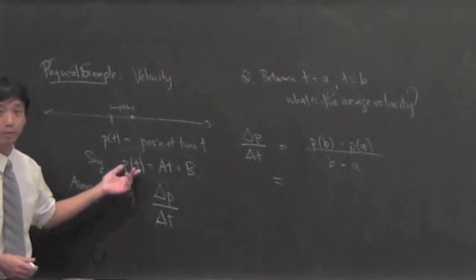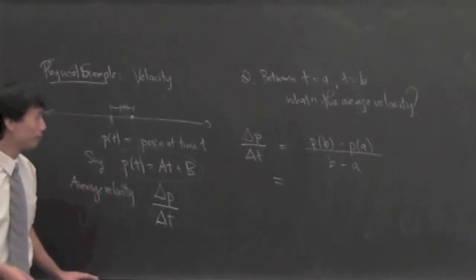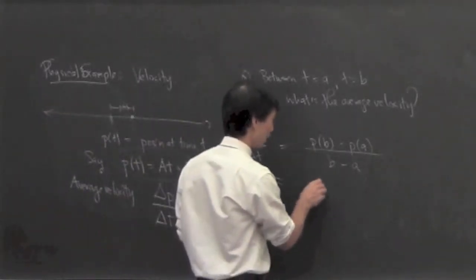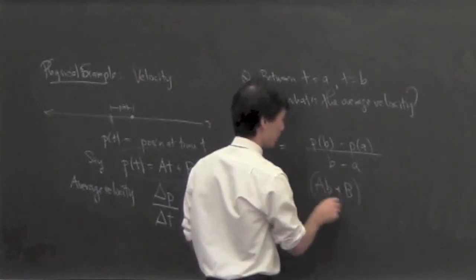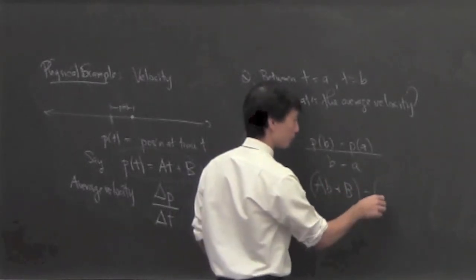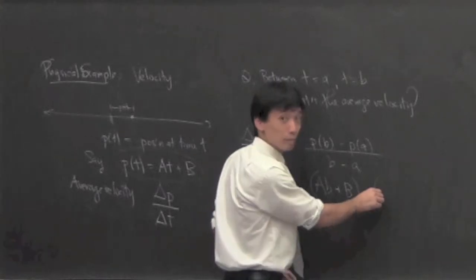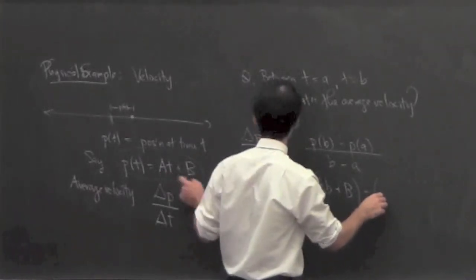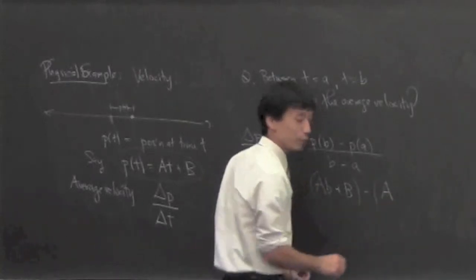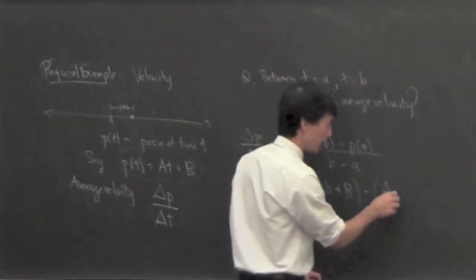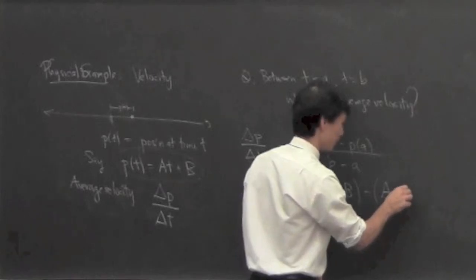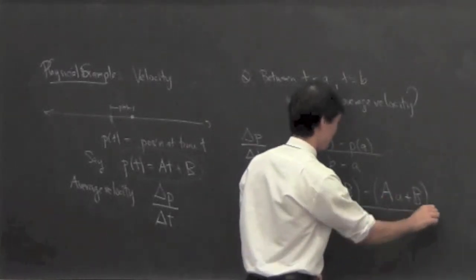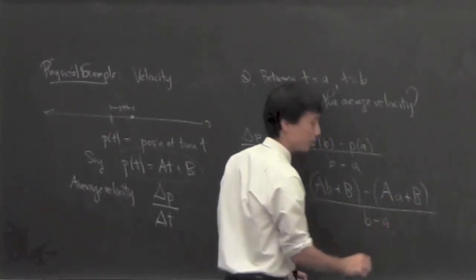So p of b, just plug it in: capital A times b plus B. And p of a is capital A times little a plus B. Capital A and little a are different; they're not the same thing.